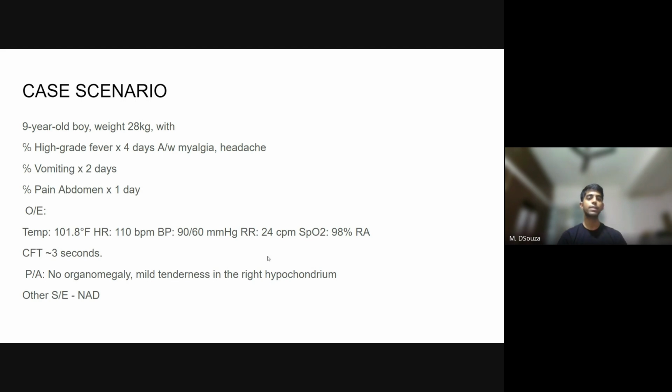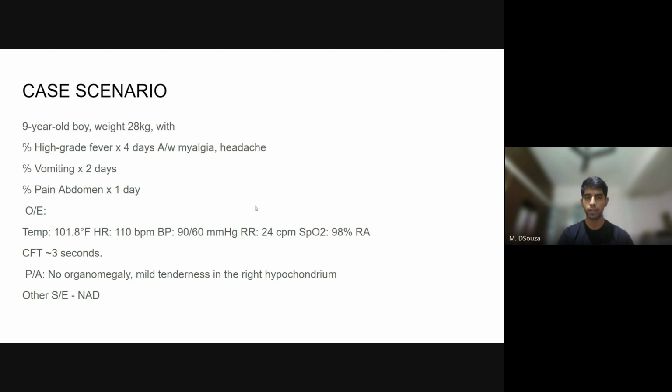We have a 9-year-old boy with weight 28 kgs who is presented with high-grade fever for 4 days, myalgia, and he's describing a headache that is sort of retroorbital. Child also complains of vomiting since the last 2 days, inability to accept orally, with pain abdomen, specifically in the right upper quadrant. On examination, the child is febrile with some amount of tachycardia noted.